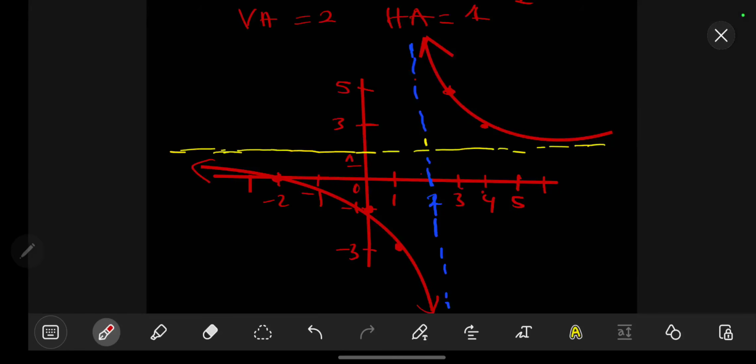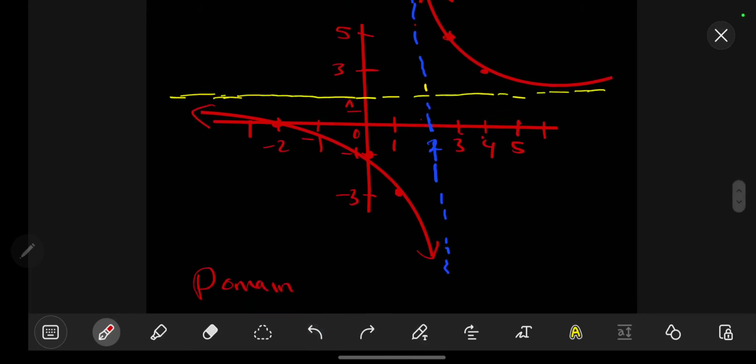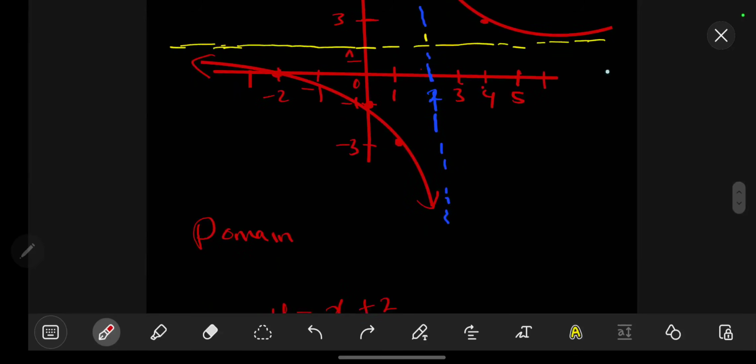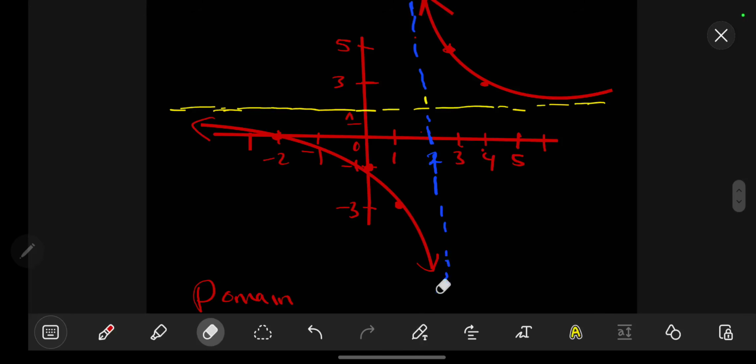Oh, we forgot to find the domain and the range. So let's begin with our domain. The domain is the x values that can be used. As you can see, the only x value that this graph is not touching is this line.